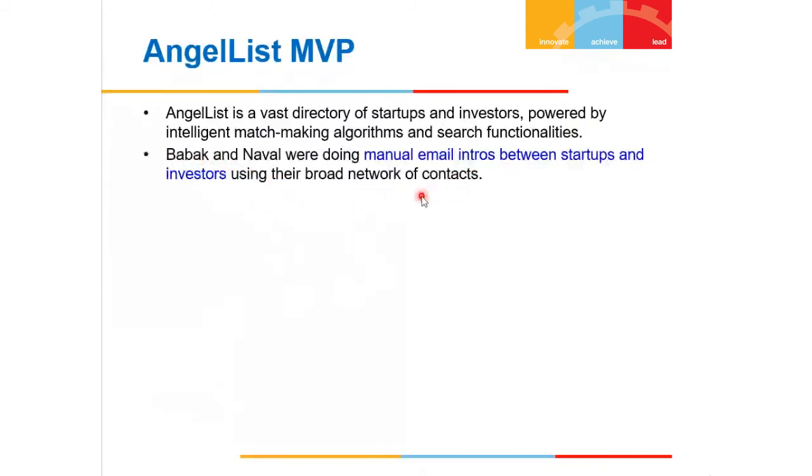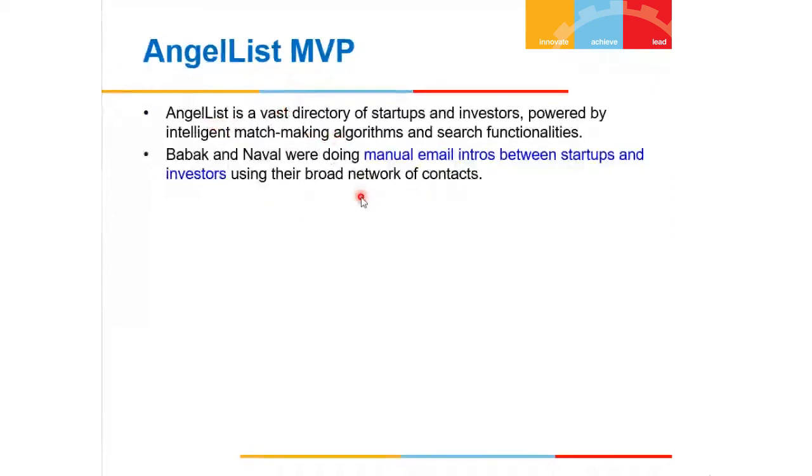They already had a lot of contacts with the startups and the investors. Instead of putting in place an intelligent algorithm, they did it manually. They knew that for this startup, these were the 5 investors who may be interested. So they introduced the startup to the investor through email, a very simple concept.